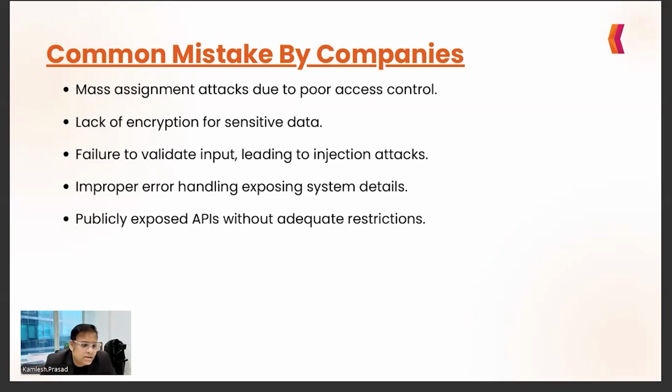The most common mistake is mass assignment and data attacks due to poor access control. A lot of developers and team members get into the habit of shared access, common access, and weak passwords to get the job done, and the remediation is also very poor.